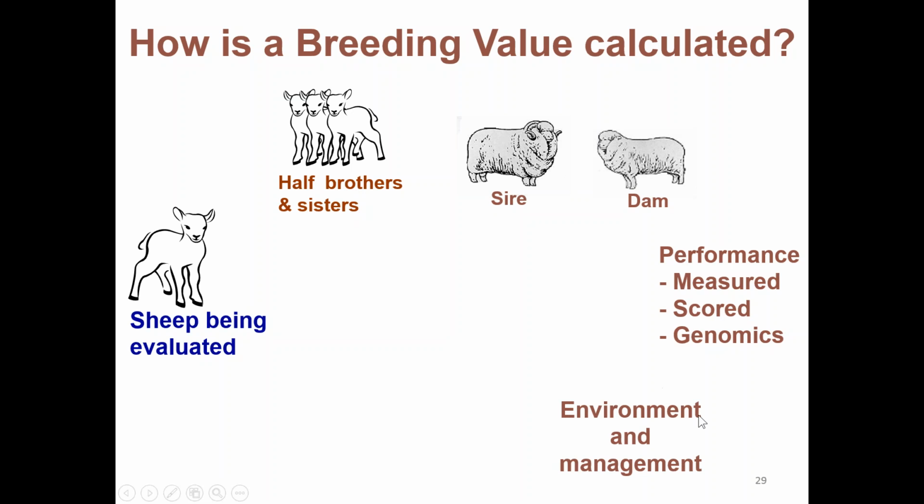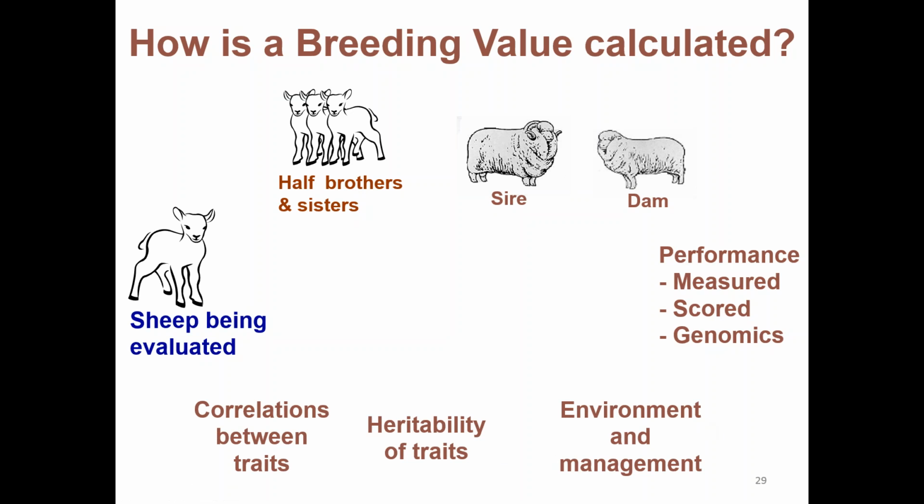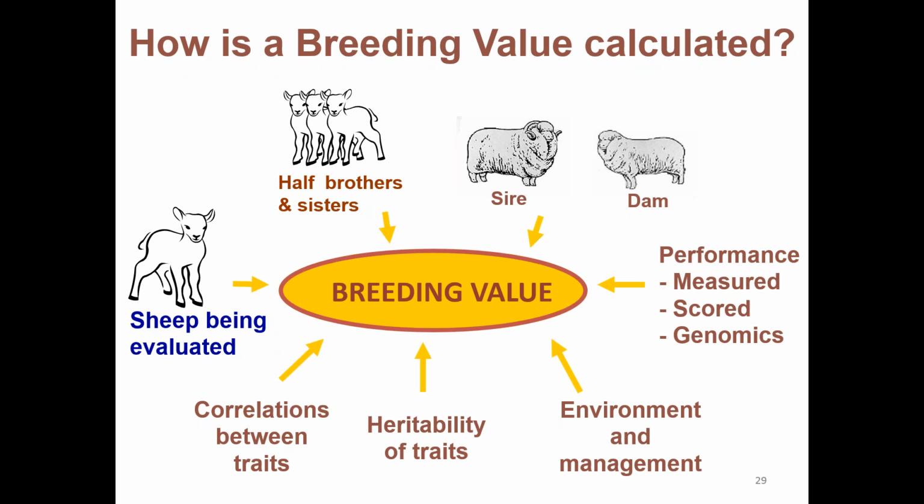There's an adjustment for environment and management. Then different traits have got different levels of heritability, simply how much of the ram's performance is passed on to his offspring, which obviously is critical when you're calculating breeding value, and then correlations between traits. So when you calculate a breeding value, all those things are in the calculation and add up to the individual trait's breeding value.